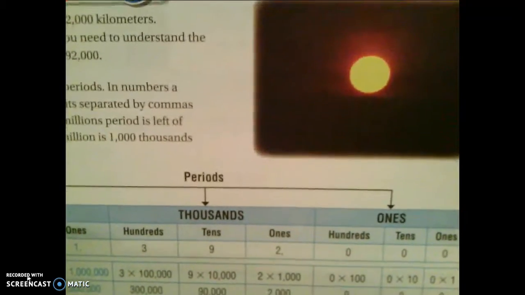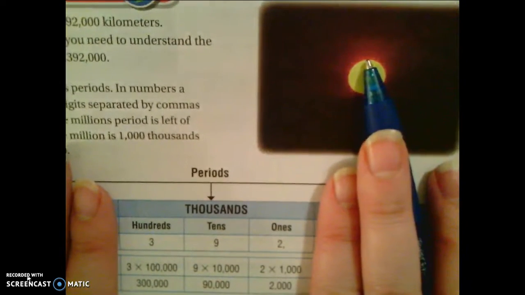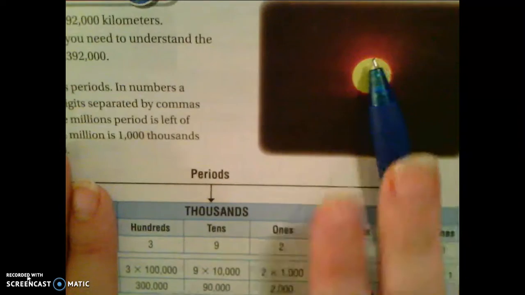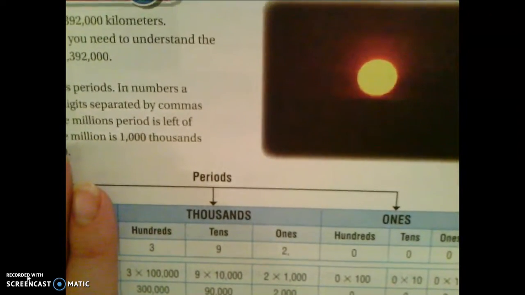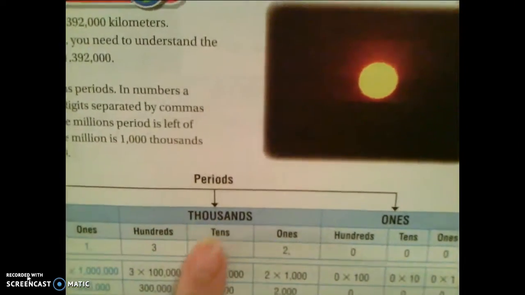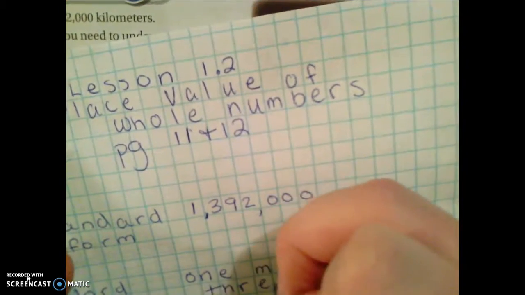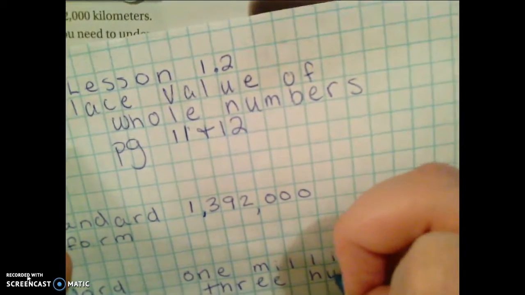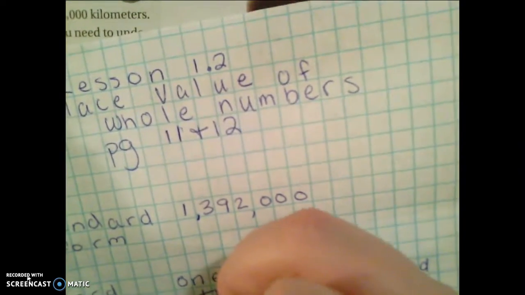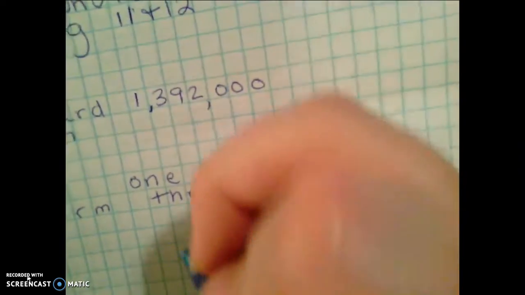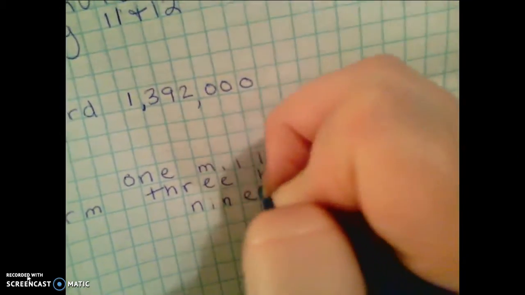Then we're going to look at our thousands period. How many thousands do we have? Well, we have 392. So we're going to write 392 thousand.